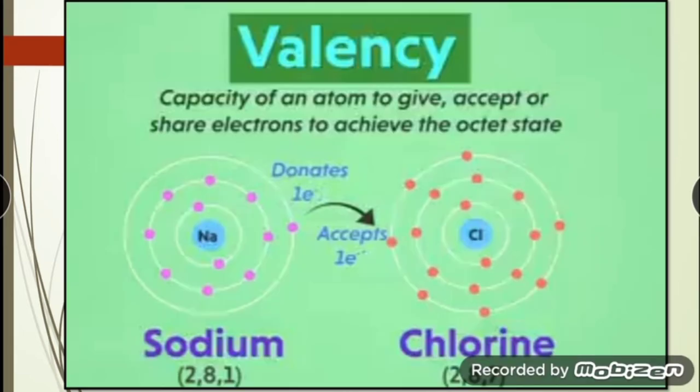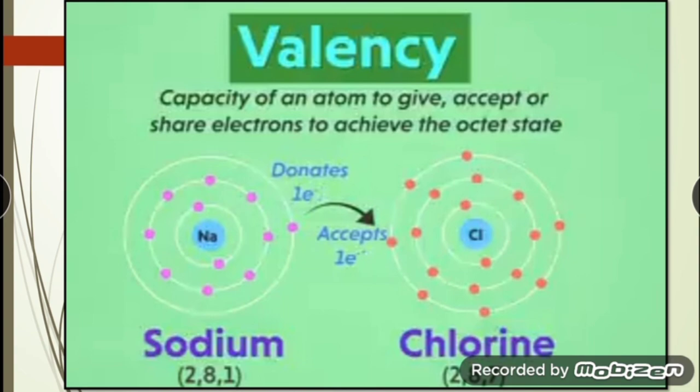Here in this diagram you can see the sodium atom donating 1 electron and the chlorine atom accepting 1 electron, so that both atoms will be in the stable state and they will form a bond, that is the sodium chloride bond, and sodium chloride is formed.